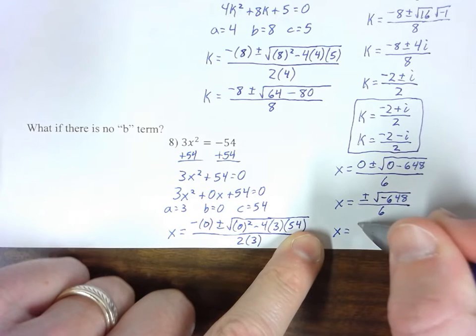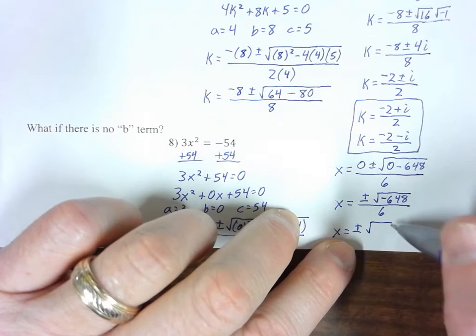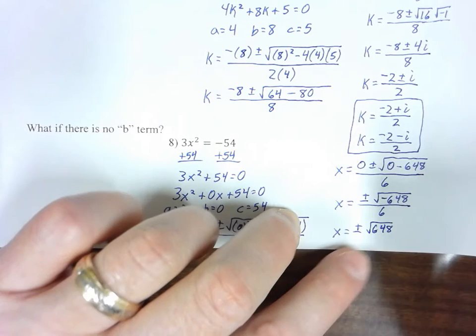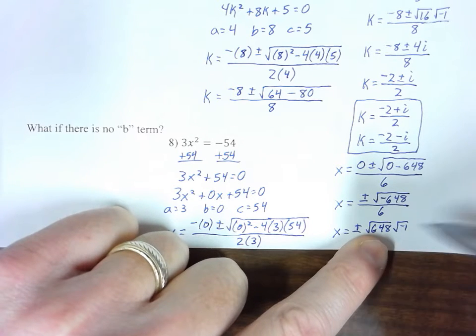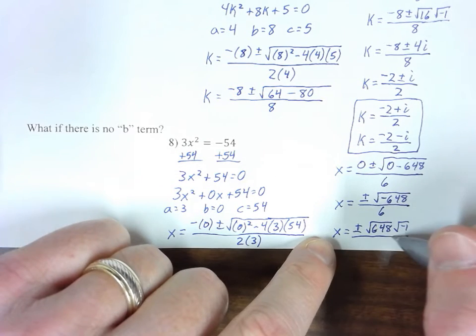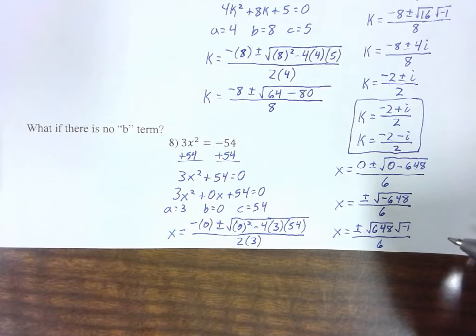So take out that negative 1. I'm going to run out of space and I'm going to have to write really small here. So square root of 648. I got to figure out what perfect square goes into 648.